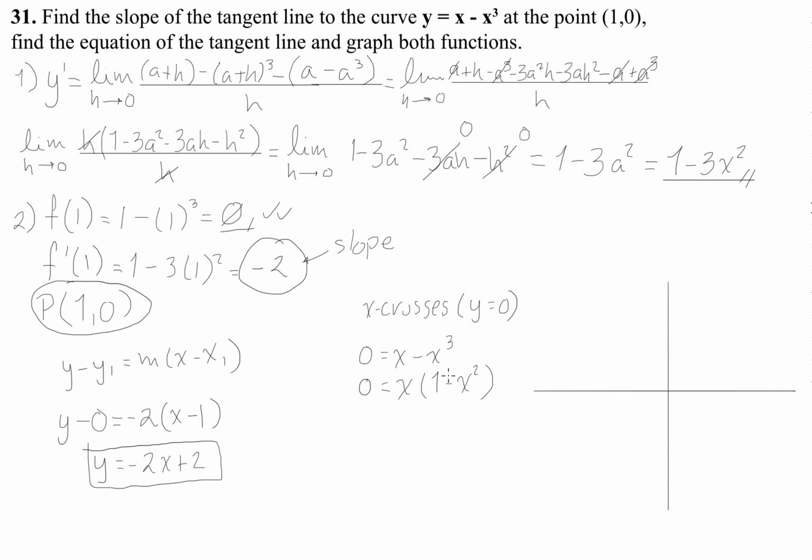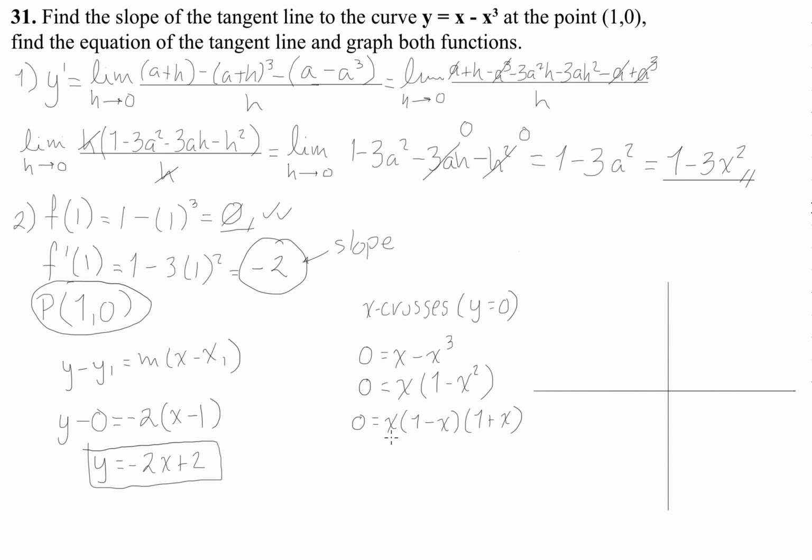This is a difference of two squares. So we can factor this difference of two squares into two factors that alternate the signs. So 0 is equal to x times 1 minus x, 1 plus x.